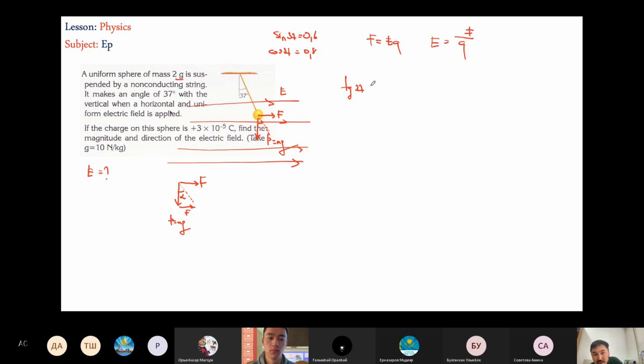Tangent of 37 degrees, of course, will be equal opposite side, yani F over P, of course, mg. So my force here, of course, tangent дегенім әрине 0,6 бөлінген 0,8 немесе 2-ге қысқарататын болсам 3 бөлінген 4 немесе 0,75 деп жазсам да болады.